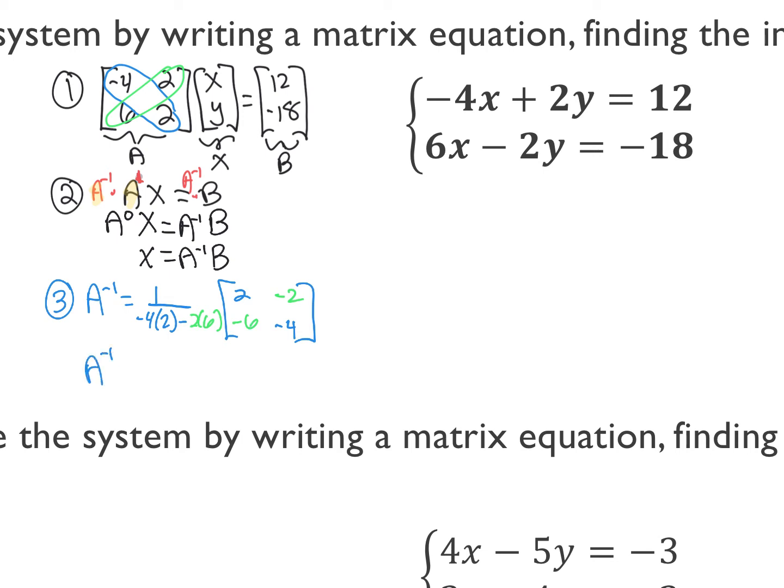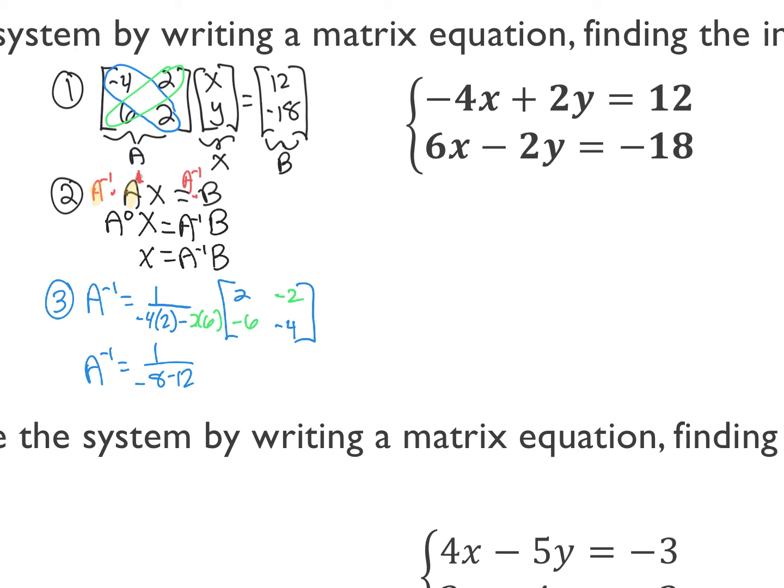So A inverse is equal to 1 over negative 8 minus, well, no, 6, if I could multiply. Nope, that was right, negative 8 minus 12. Uh-oh, no one caught my mistake.